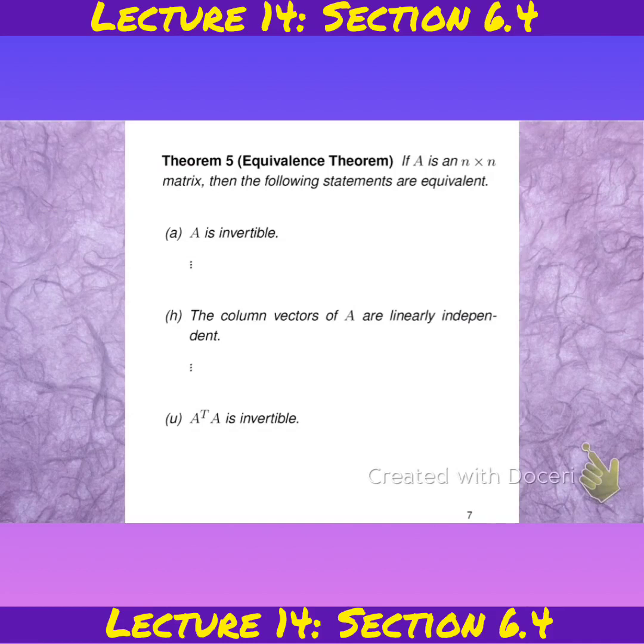Then lastly, just take note of theorem 5, which is an extension of the equivalence theorem. So now we just added one extra facet, which is that the matrix A transpose A is invertible. Now we know that A transpose A is invertible if and only if the matrix A has linearly independent column vectors.